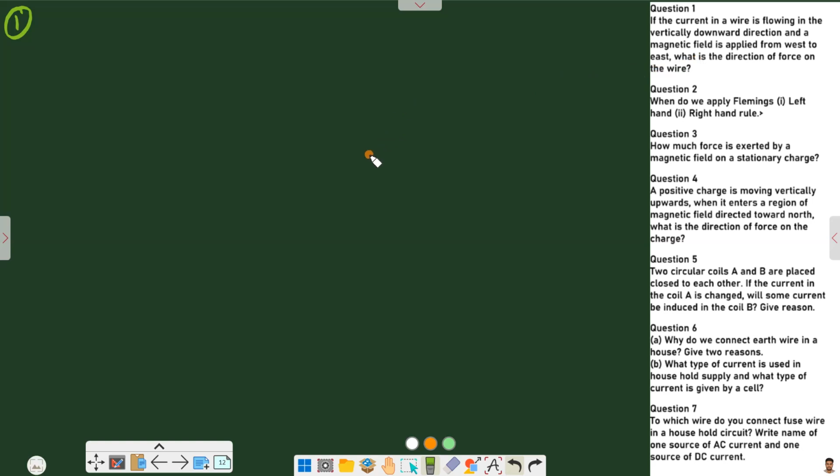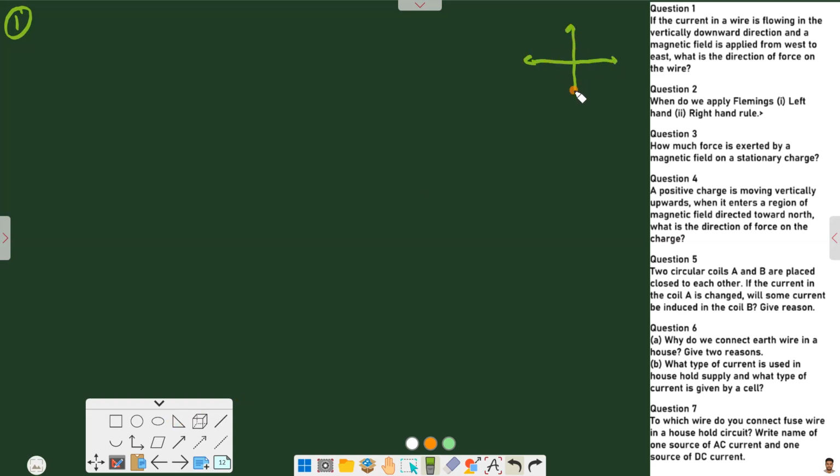Now, let us first draw the directions. Whenever you draw directions, you should use this as your standard: this is your north, south, east and west. And when we draw normal directions, this is the x, y and z direction.